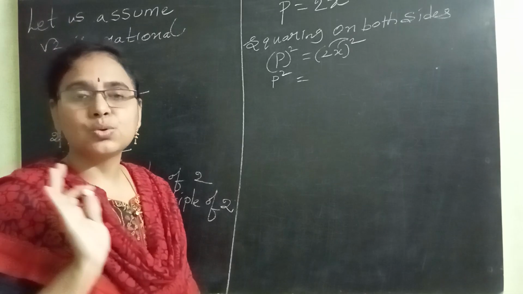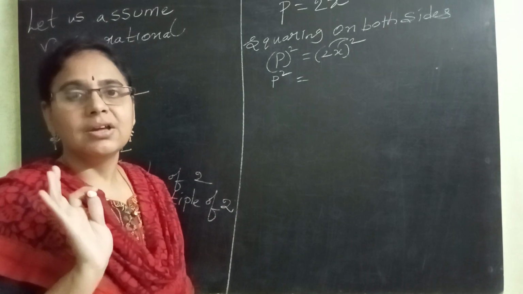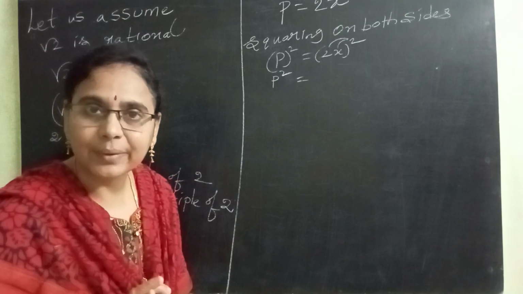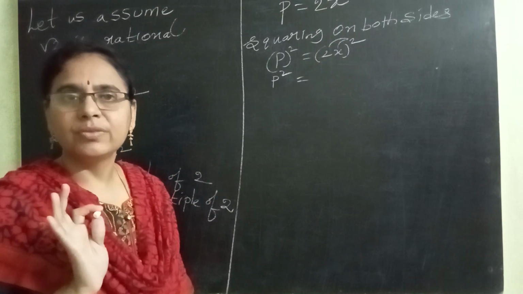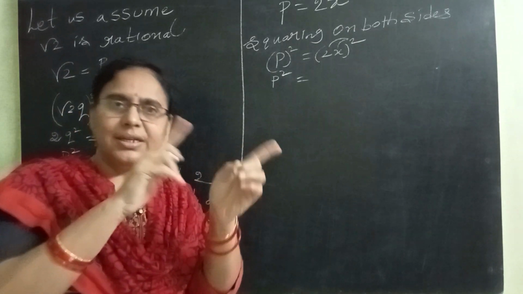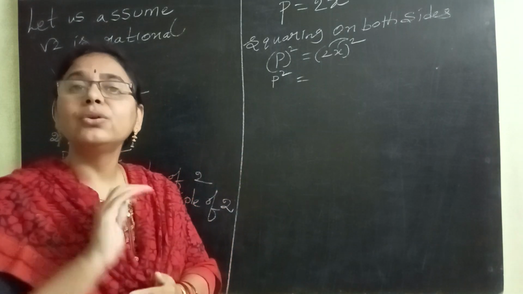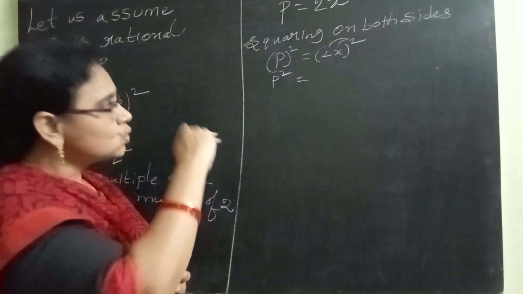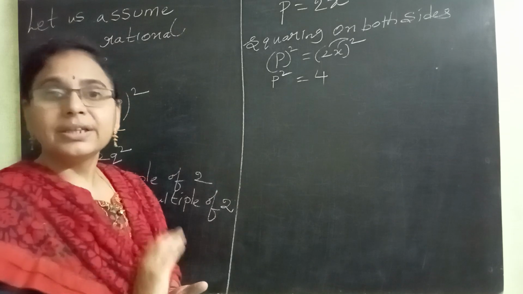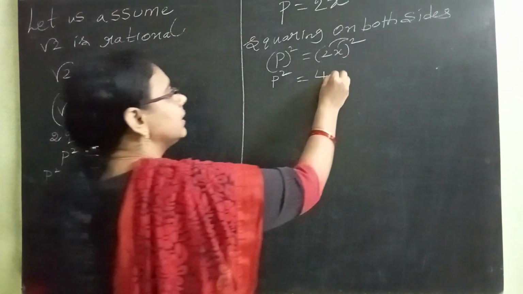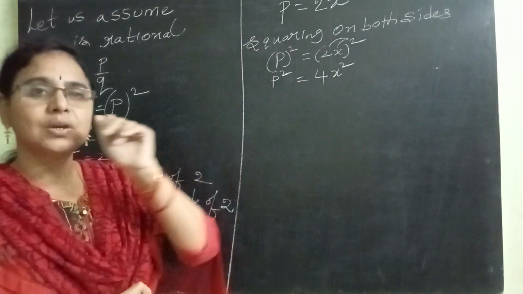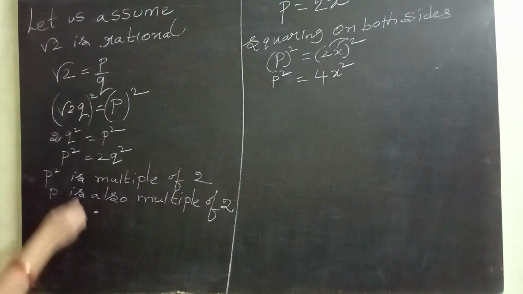Most of the time students make the same mistake: 2x whole square is not 2x square, which is completely wrong. Why? Because 2x has a bracket, so every letter, every number you have to square. 2 square, by squaring you will get 4. x, by squaring you will get x square. So p square is equal to 4x square.